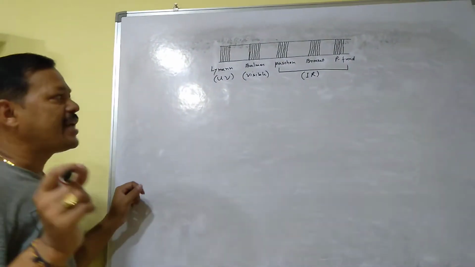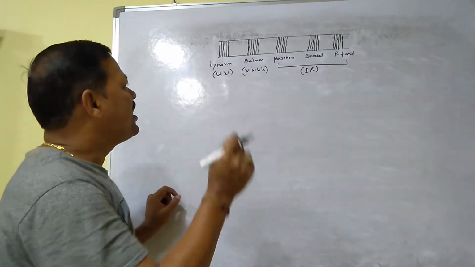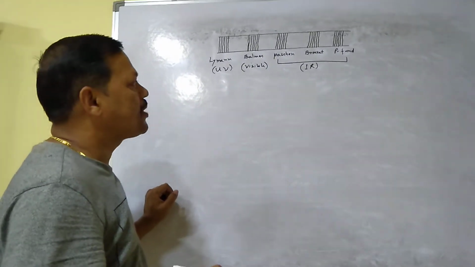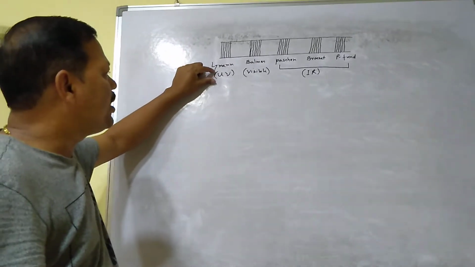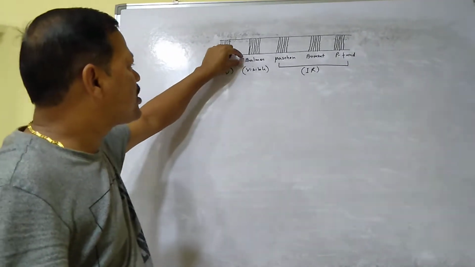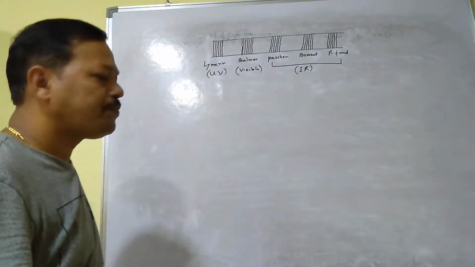So the lines are classified into groups. The Lyman series falls in the UV region, the Balmer series in the visible portion, and the Paschen, Brackett, and Pfund series fall in the infrared region.